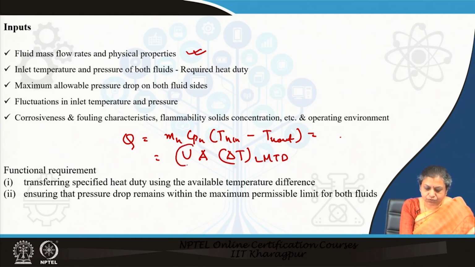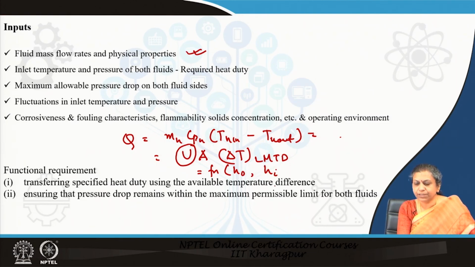And it was also told to you that this U can be expressed in terms of the heat transfer coefficient of the hotter fluid or the outer fluid, whatever you take, the heat transfer coefficient of the inner fluid, and the thermal conductivity of the wall which separates these two fluids, and of course, the cross sectional area of heat transfer, which in this case is the outer surface of the inner pipe.